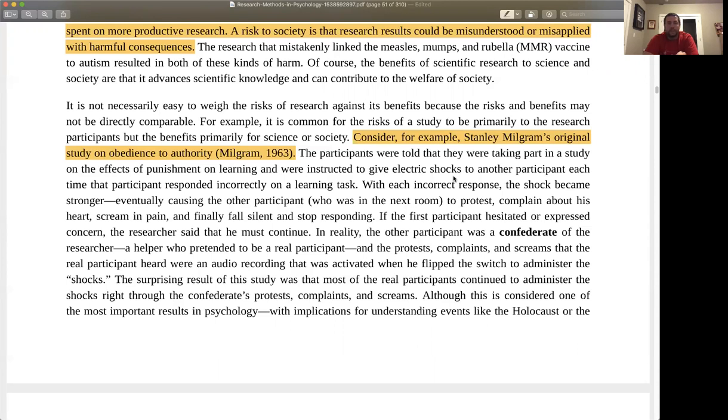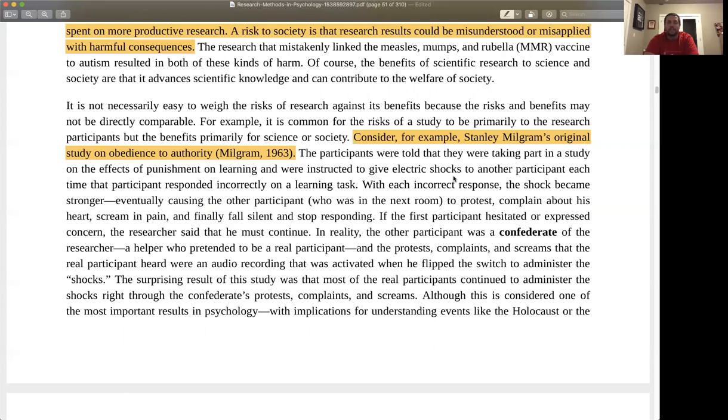And they were told, all right, we're going to be testing essentially positive punishment on your ability to learn. So the idea was that one person was going to be a teacher, the other person was going to be a learner. The learner had to memorize a list of word pairs, and once they thought they had it memorized, they would start to study.